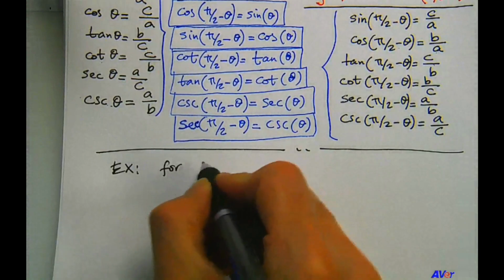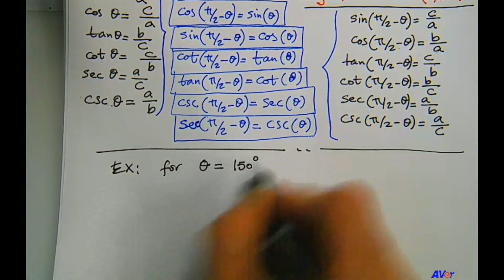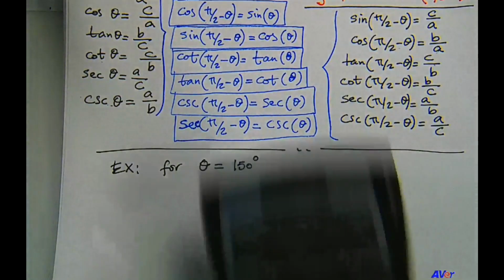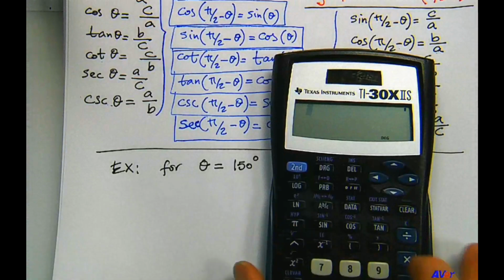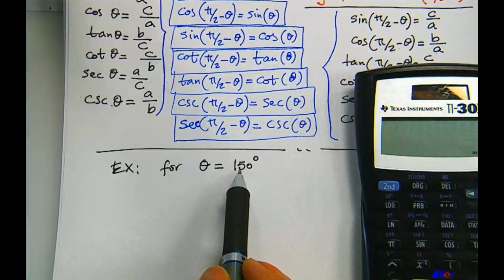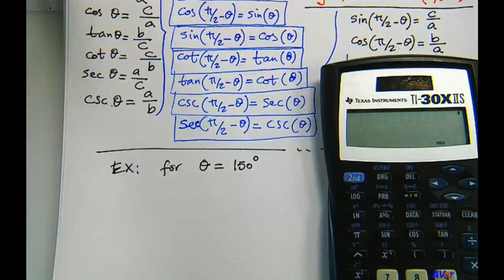So for theta equals 150 degrees, right? When you do this, make sure that your calculator is in degree mode. If you wrote something in radians, please make sure that your calculator is in radians mode. Otherwise you get error. You get values that are not correct.